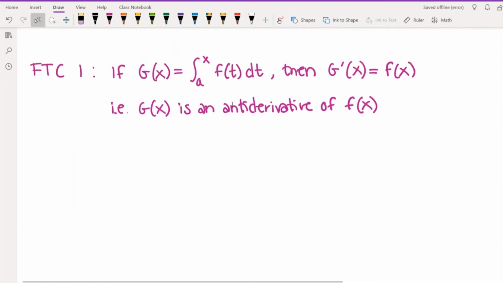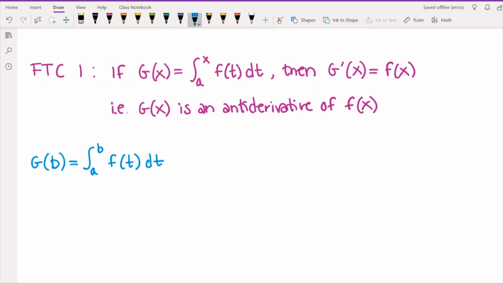Okay, so what we're going to do is take this area function and plug in the number b. So what happens if we plug in the number b? If we evaluate this area function at b, we get the integral from a to b of f of t dt. So all I did is I literally just took this x and plugged in b.